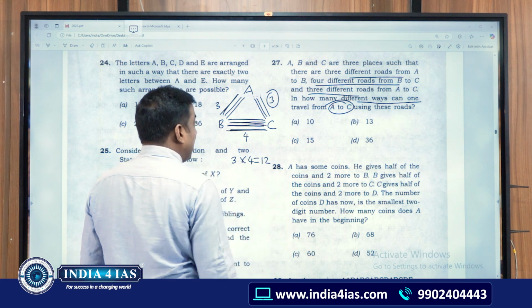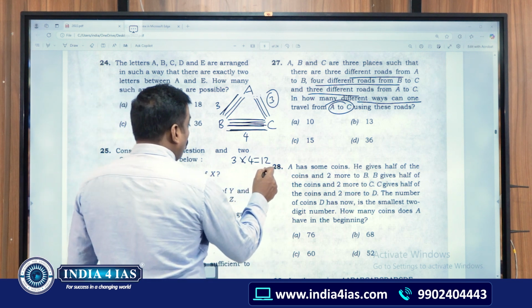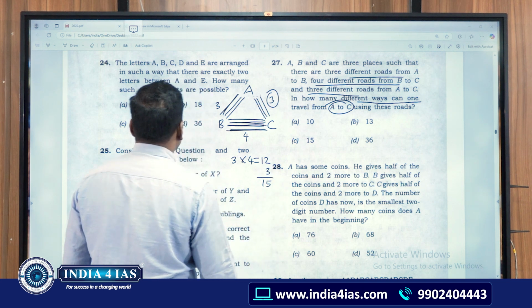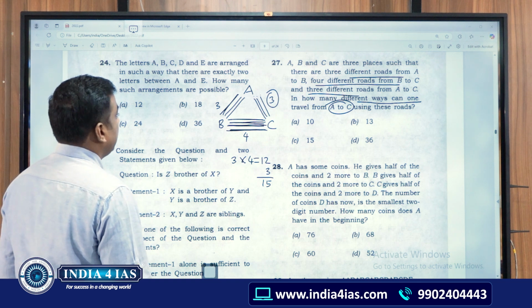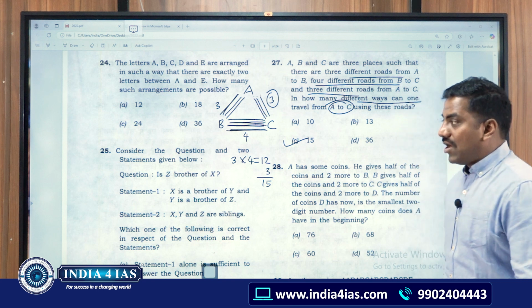These are 12 ways of reaching C via B and 3 routes directly. So, totally we have 15 routes to arrive at C from A. So, this is how we have to think.